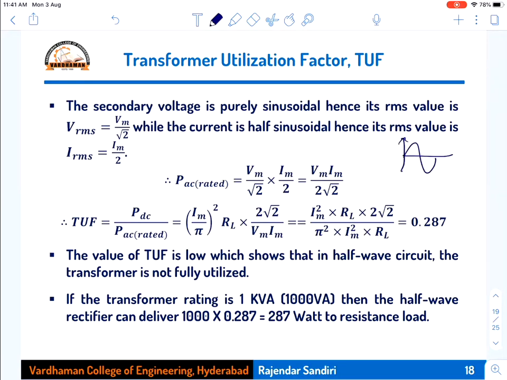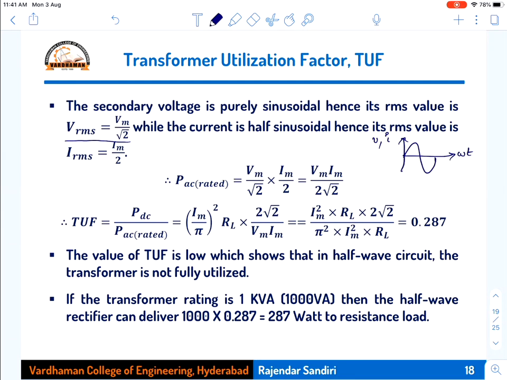Whether it is voltage or current, the RMS value of a sine waveform is Vm by root 2. Therefore, since the secondary voltage is purely sinusoidal, its RMS value is Vrms equal to Vm by root 2.